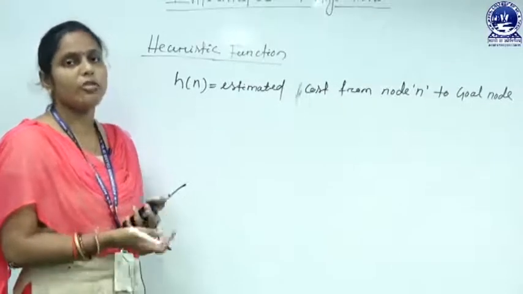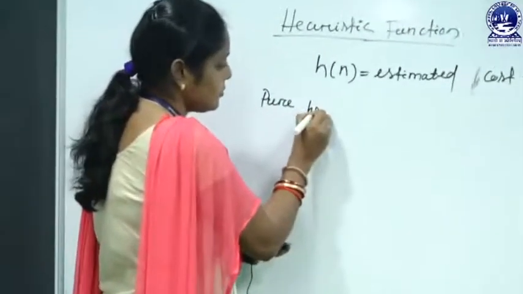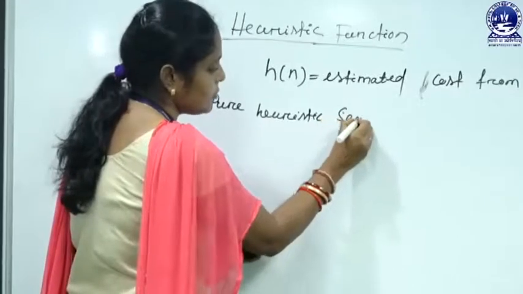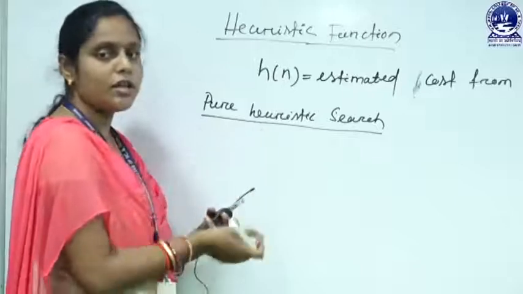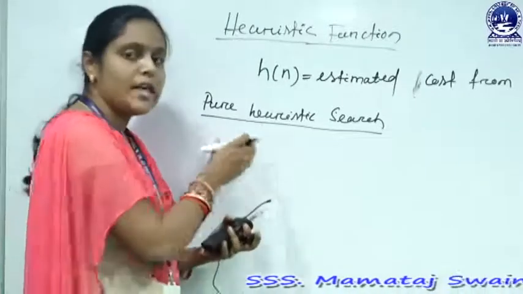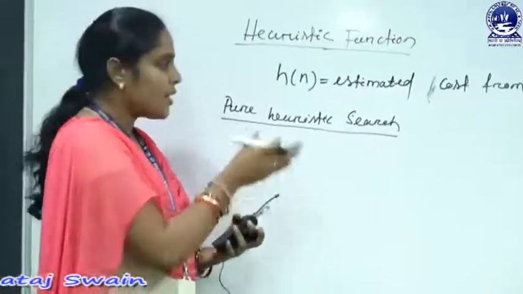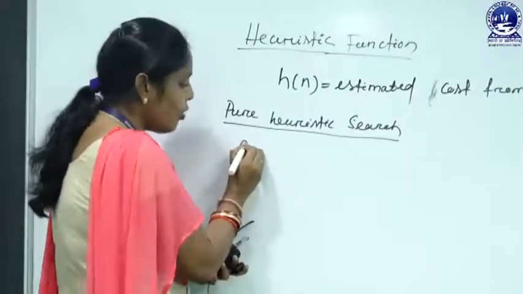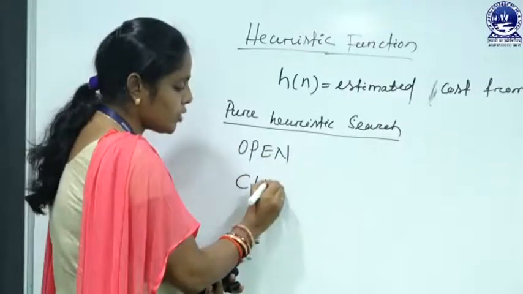Next, pure heuristic search. This is the simplest form of heuristic search, which always expands a node depending upon its heuristic value. This search uses two lists: one is the open list, and the other is the closed list.